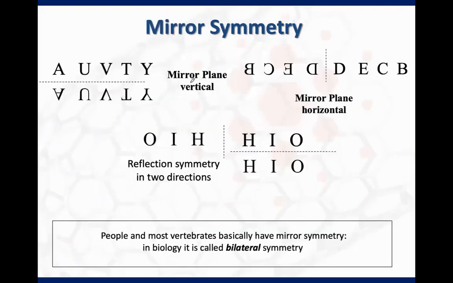Now the mirror is here. You have one side like this, for example, and if you put a mirror, then you should see something like this. Okay? So this is mirror. You have a mirror plane there, and you can have a mirror plane in this direction also, and in this direction also.